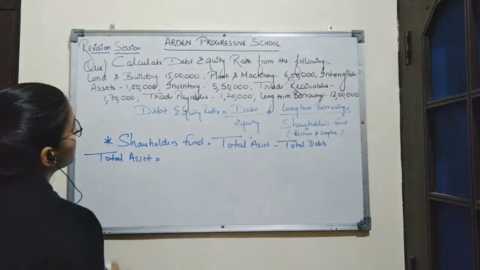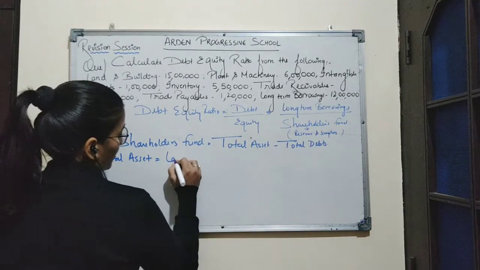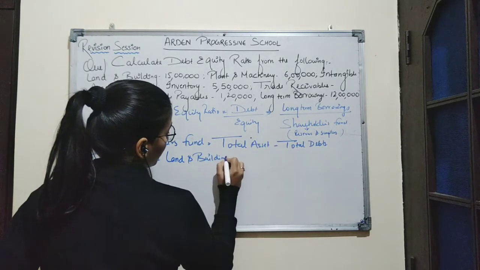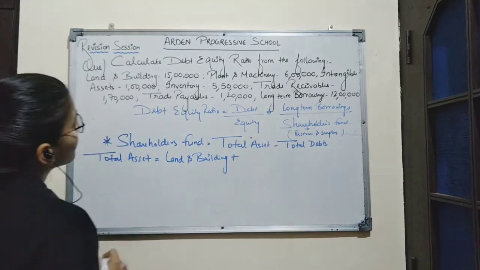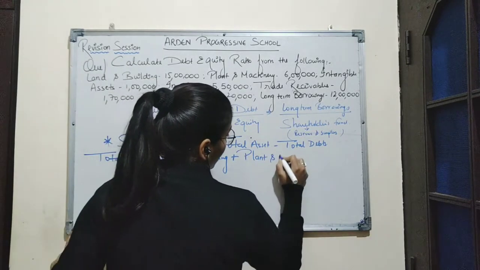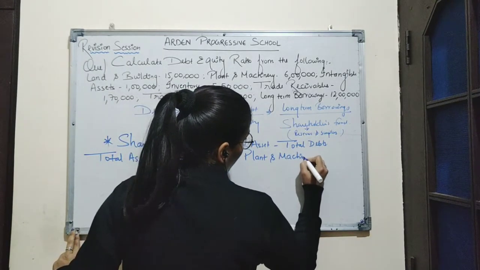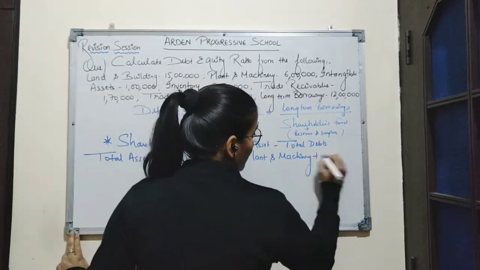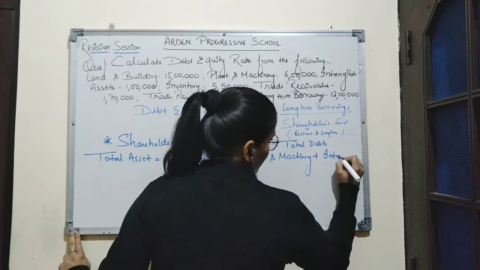Total asset includes land and building as given in the question, plus plant and machinery, which is a fixed asset, then intangible assets. So intangible asset is also a fixed asset.